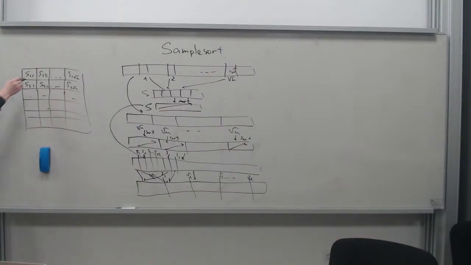So these are the number of elements from the first part of the array that are less than S1, this is less than S2, etc. And I think this goes up to square root of n plus 1. The problem is that we want to run the scan in this direction: we want to calculate the scan of everything that is less than S1.